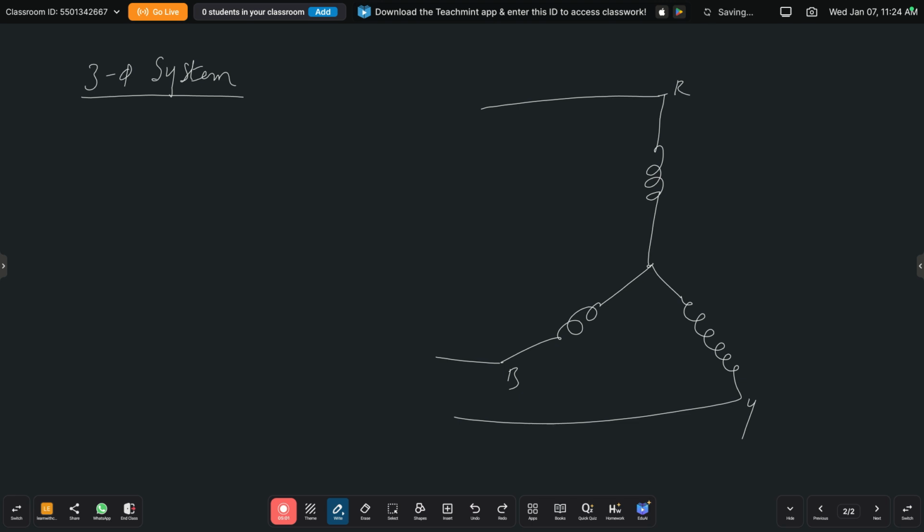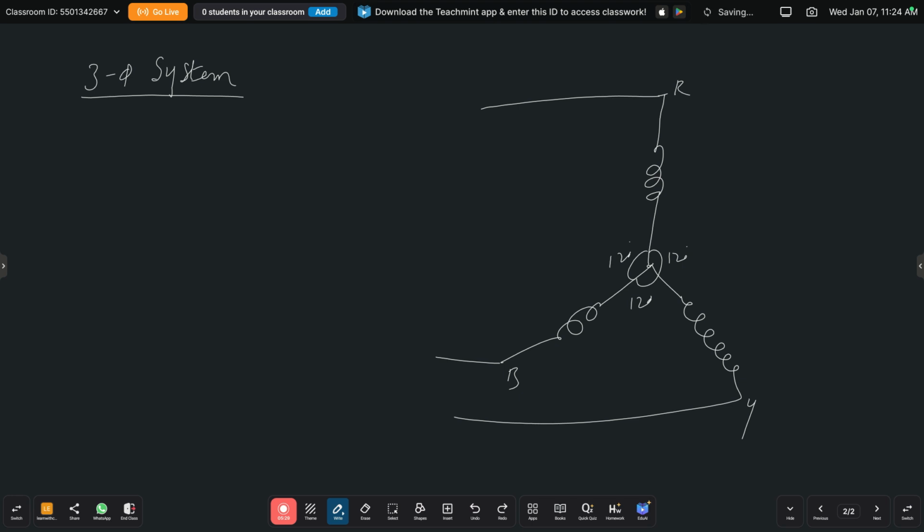These three are placed 120 degrees apart. Between R and Y the space is 120 degrees, Y to B is 120, and B to R is 120. This is the place difference between these three coils.